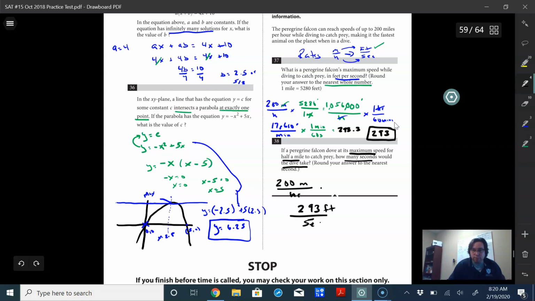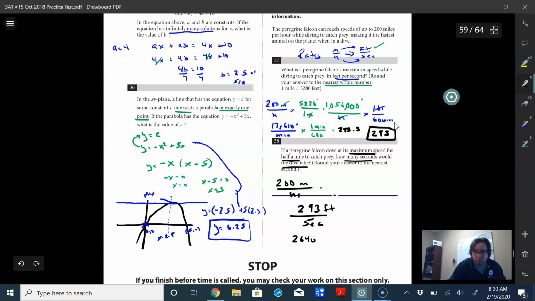If it's trying to catch prey at 5,280, we can flip this around. Half of 5,280, divided by 2, is 2640, because that's half a mile.